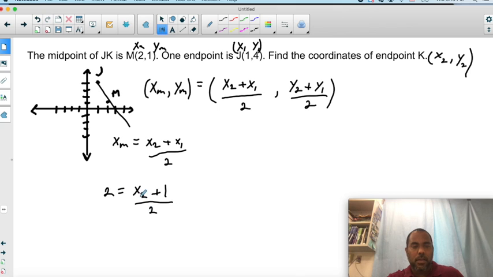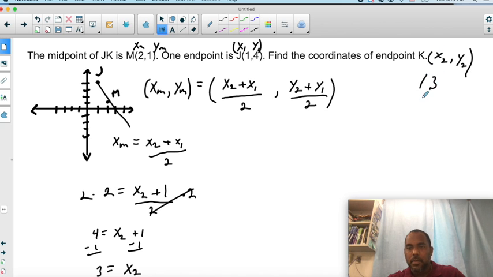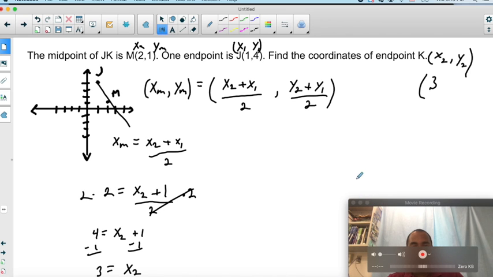From there, I need to solve for this x sub 2, multiply both sides of my equation by 2. 2 divided by 2 here is 1. 2 times 2 is 4, leaving me with x sub 2 plus 1. Subtract 1, subtract 1. And then 3 is equal to x sub 2. So the x value in K is 3. Now we know one piece of the answer.